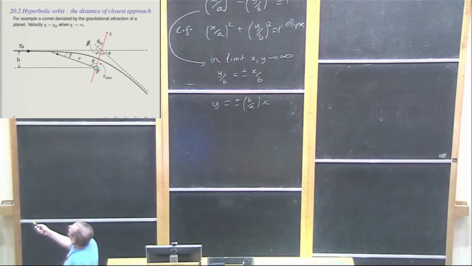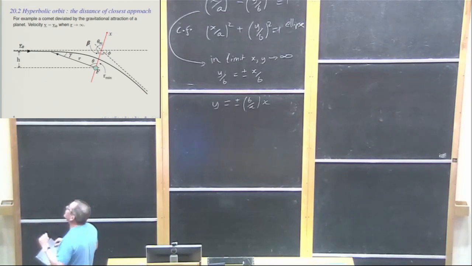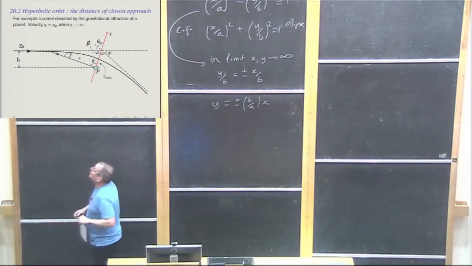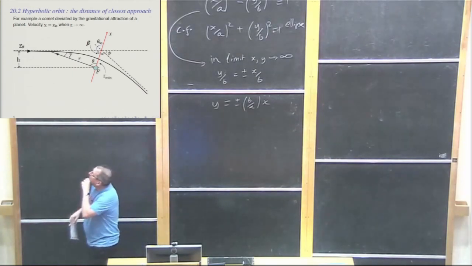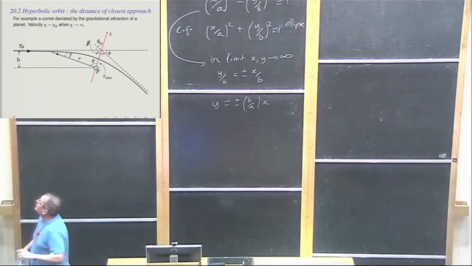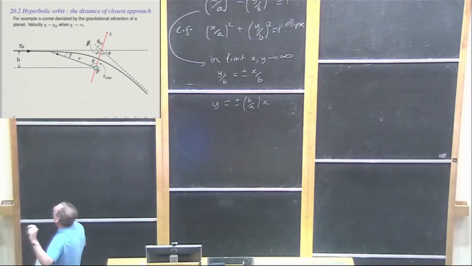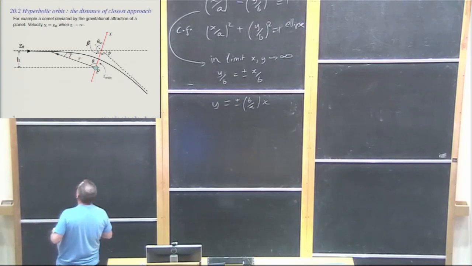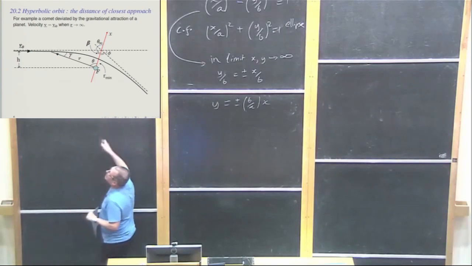A better example, and I'll try and change this for next year, is this strange entity I showed a few weeks ago, which was discovered, I think, 2 years ago, which has been given this unpronounceable Hawaiian name, which has come in from outside the solar system, has been attracted by the sun and is now exiting the solar system again, because this is an example of something in an unbound orbit.